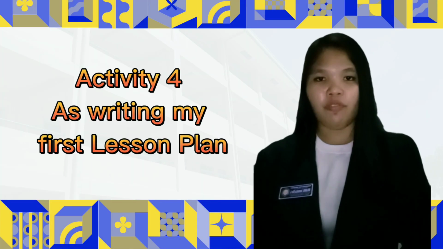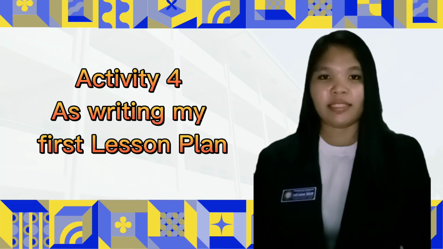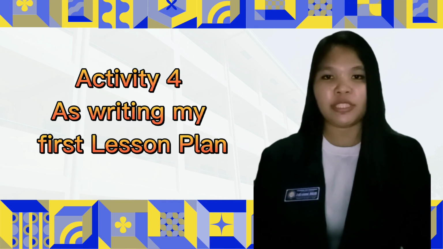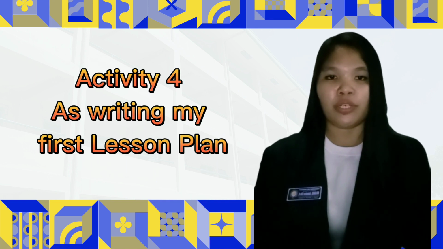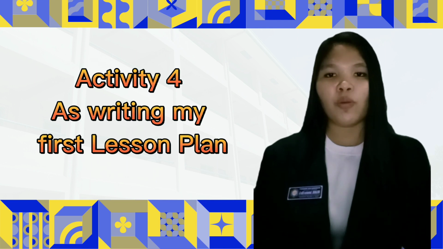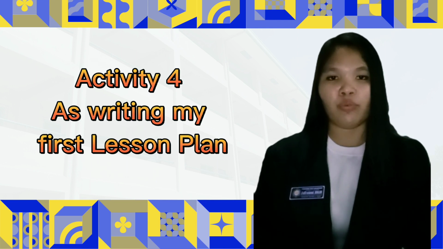In our activity 4, which was titled Writing My First Lesson Plan, we observed the format of the lesson plan that was presented to us. Each component is related to the others, and cognitive, psychomotor, and affective domains were changed to knowledge, skills, and attitudes in the new format.